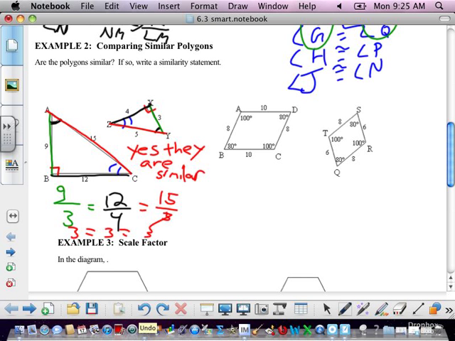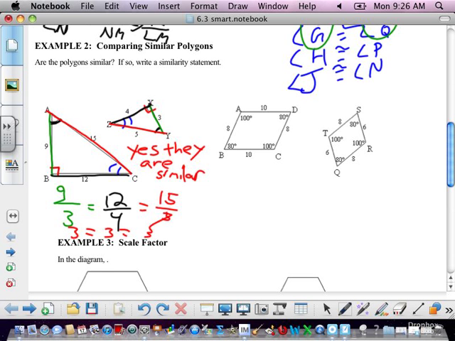Should we try another one? So the first question you're asking in your head: are all the corresponding angles congruent? Are they?